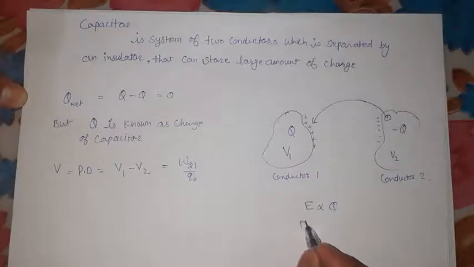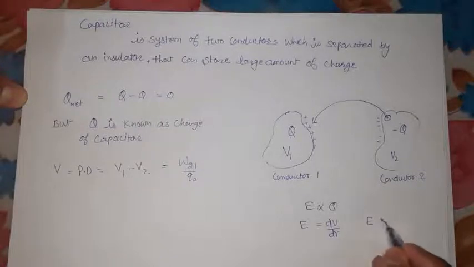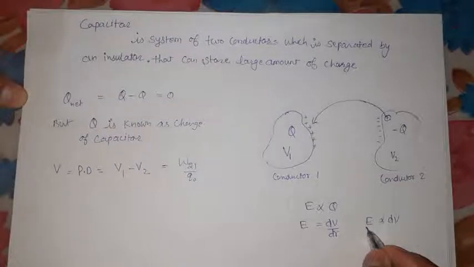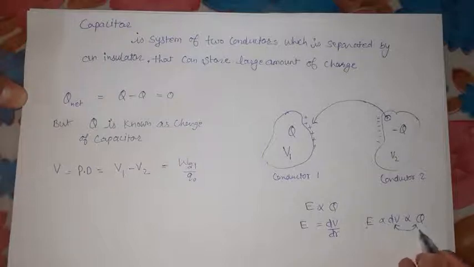We also know that the more the potential difference, the more the electric field. Since the electric field is directly proportional to charge, in return we can say that the potential difference is directly proportional to the charge.